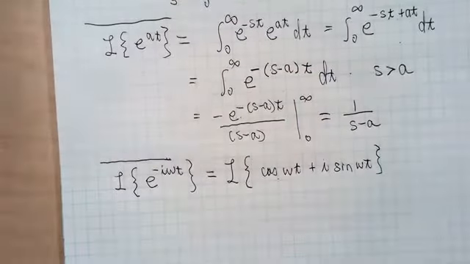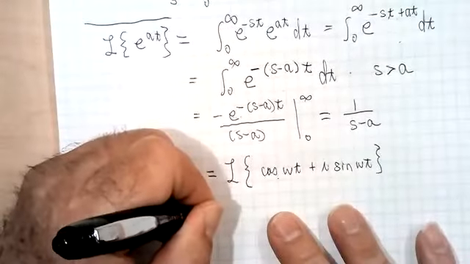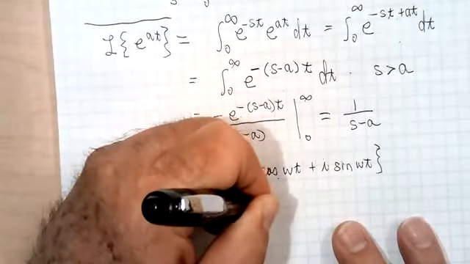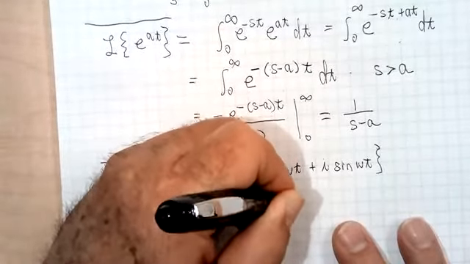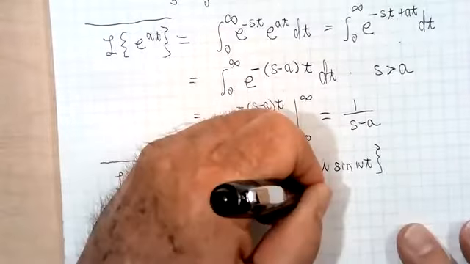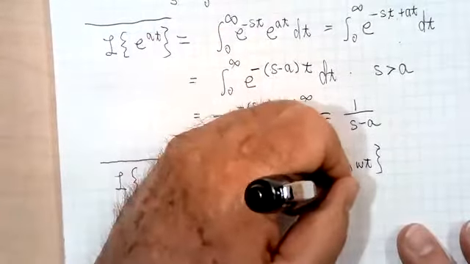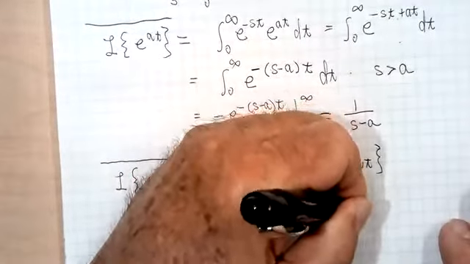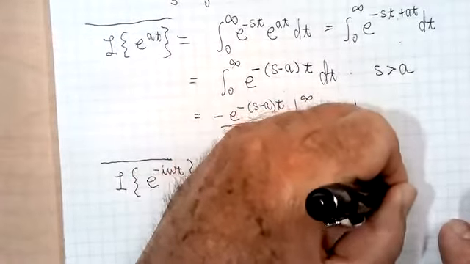So the same thing's going to work with a Laplace transform. So that's the Laplace transform of cosine omega t plus i, the i will just come through the integral sign, Laplace transform of sine omega t.